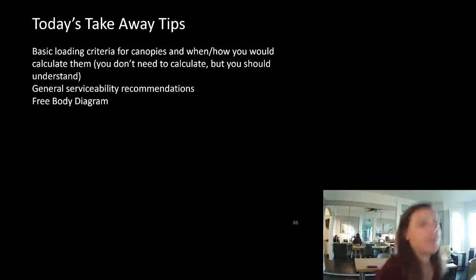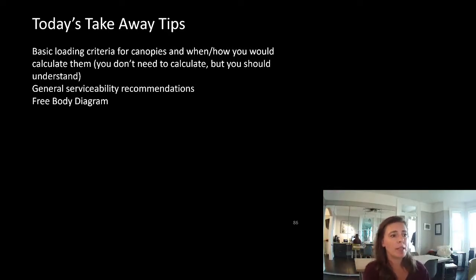All right. So remember, basic loading criteria for canopies. They're very similar to building loads. Most of these other feature elements we're trying to interpret and extrapolate, but canopies actually often fall within the building code elements for loads, for wind and snow. We might have to refine them and adapt them, but the basic loads are coming straight out of the building code.